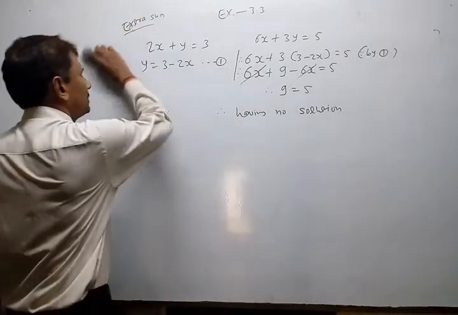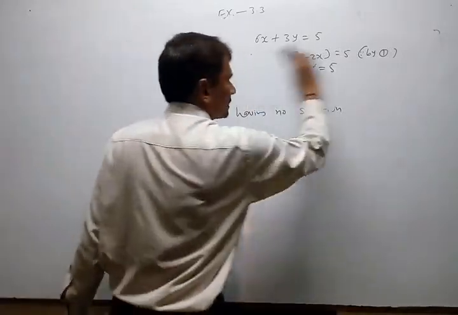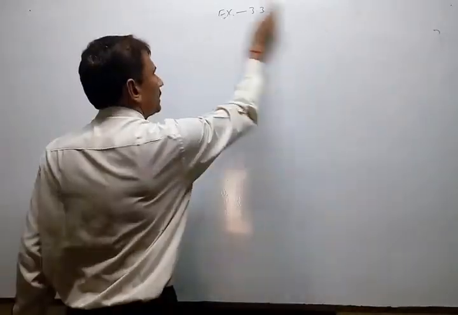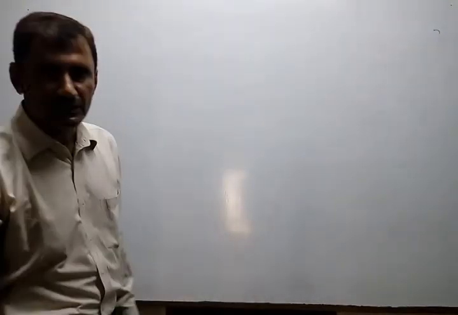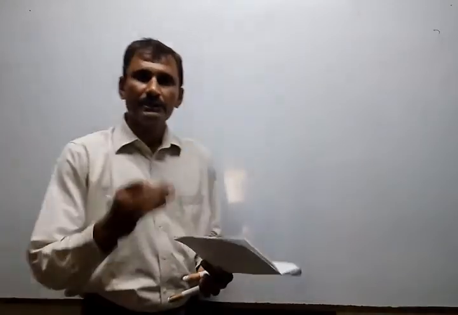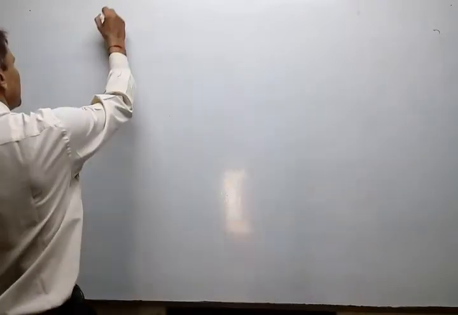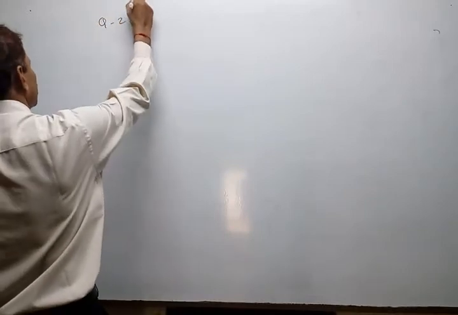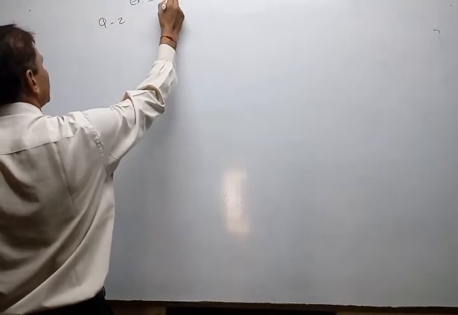It is not used in the initial steps. So the starting portion is not new. Even then, I will solve it. I will not explain each and every step because you are having enough practice of the substitution method. So, question number 2, exercise 3.3.